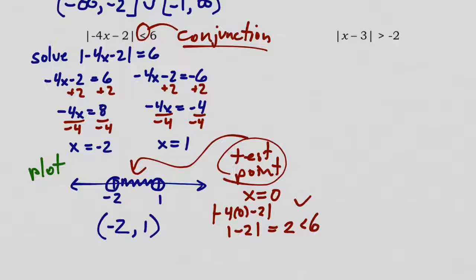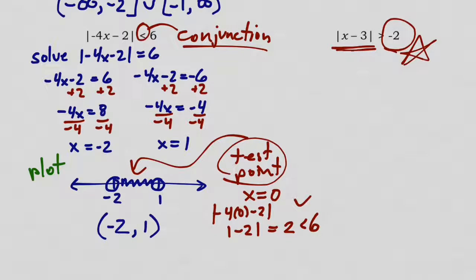Now, in our next example, we need to think carefully. In our preceding examples, we had the absolute value compared to a positive number. In this example, we have an absolute value of x minus 3 compared to a negative number. And so right away, there should be alarm bells that go off, because this is negative.